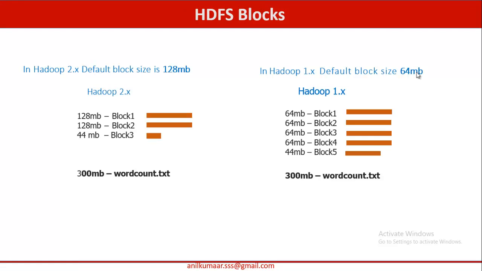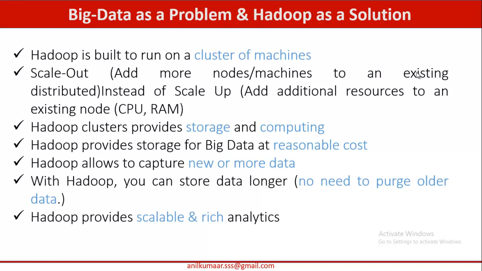It depends on the file size you provide. If your file is just 1 KB, only a 1 KB block is created. So this is about blocks: blocks are nothing but the chunks in the Hadoop file system. Next, we'll understand a few more points here.